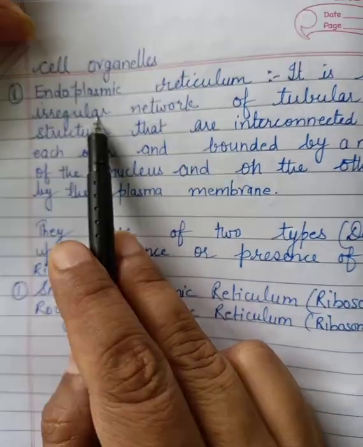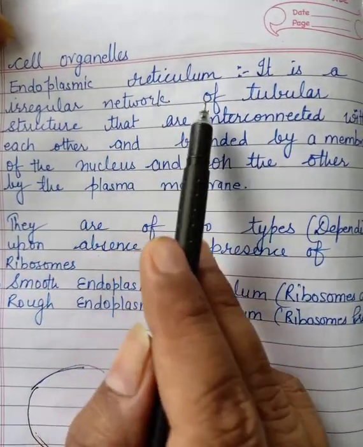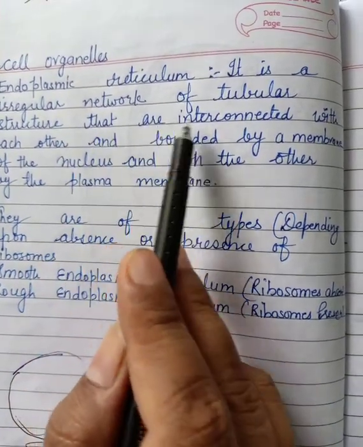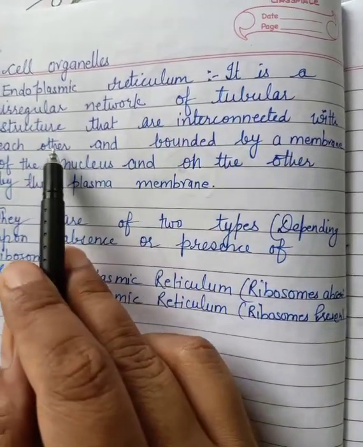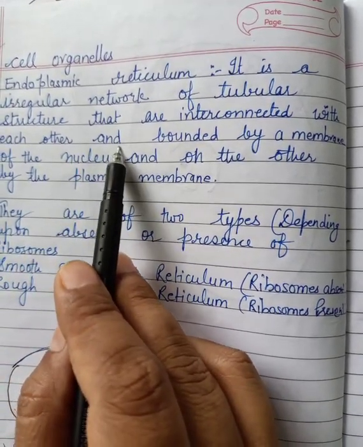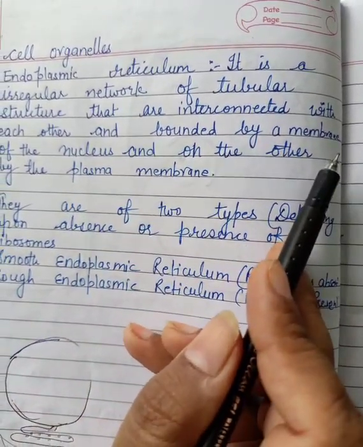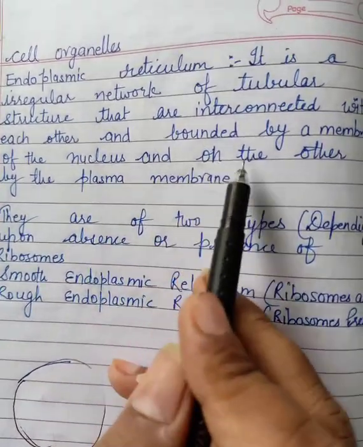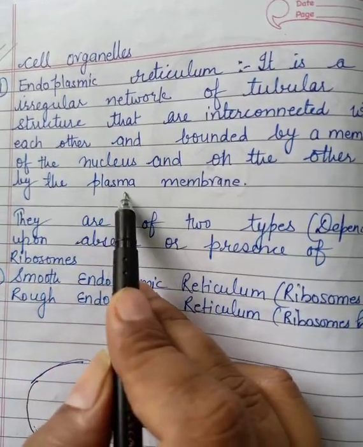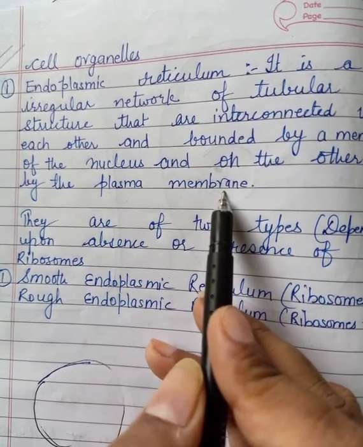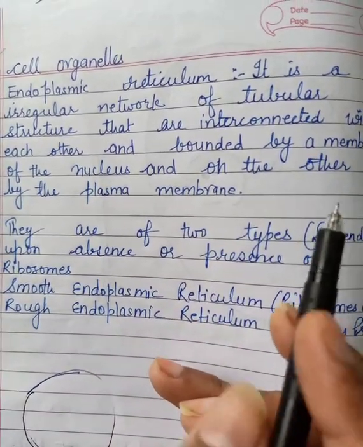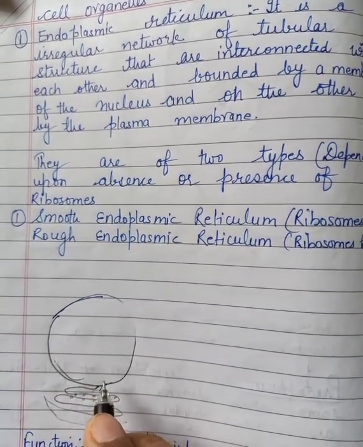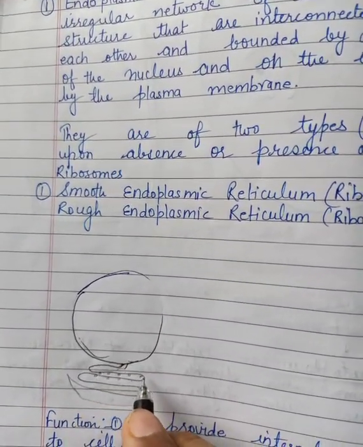Endoplasmic reticulum is an irregular network of tubular structures that are interconnected with each other and bounded by the membrane of the nucleus on one side, and on the other by the plasma membrane. Okay, what is the meaning of that? As I have shown you, these are tube-like structures.